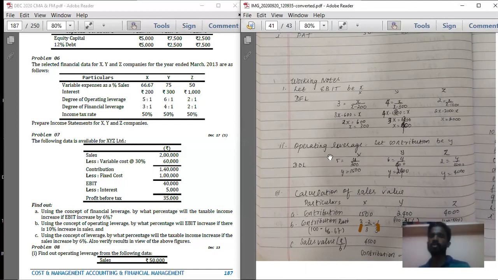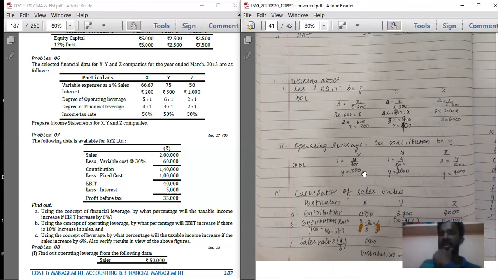So 5 is equal to Y divided by EBIT for X, that is 300. So Y is equal to 300 into 5, that is 1500.